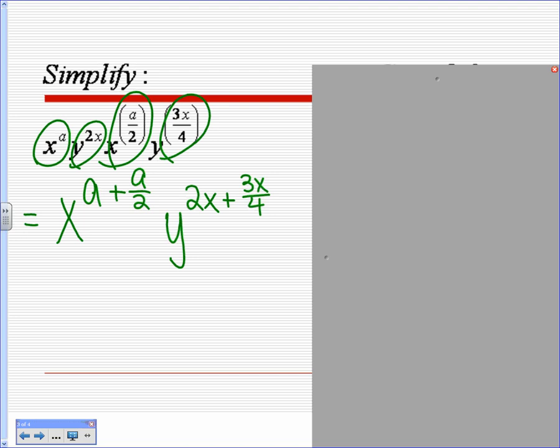What is 1 plus 1 over 2? 1 and 1/2, right? And they both have an a beside them. So it's x to the 3a over 2. Do you see how that works? You have 1 plus a half, you get 1 and a half a. So if it was like 2a plus 2a over 3, it would be your variable.